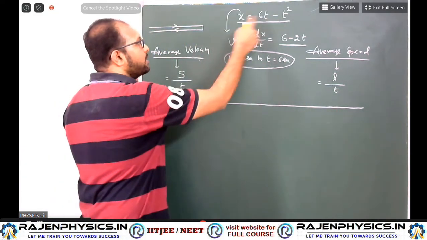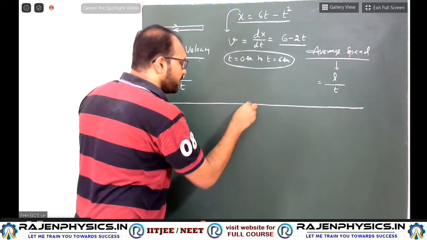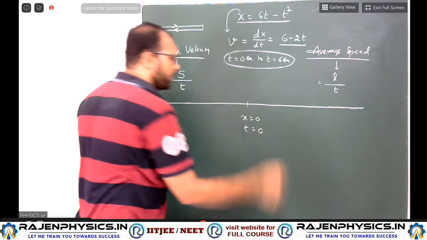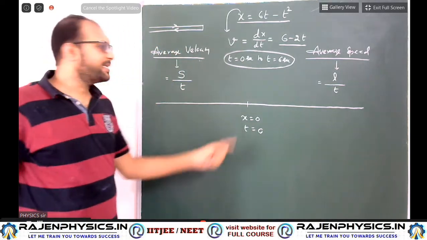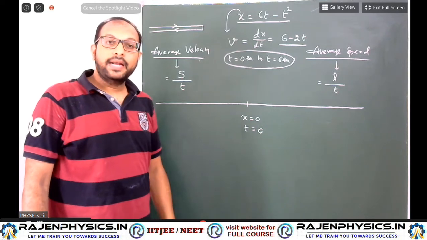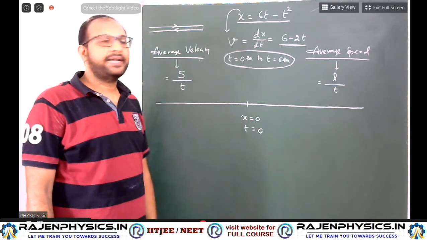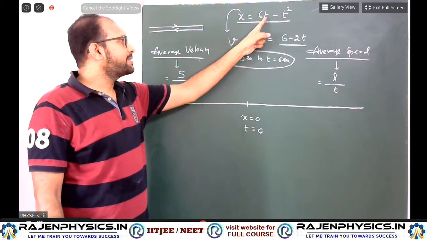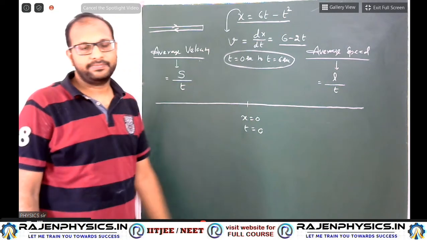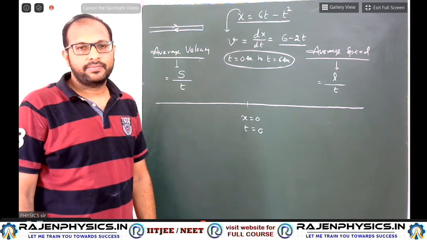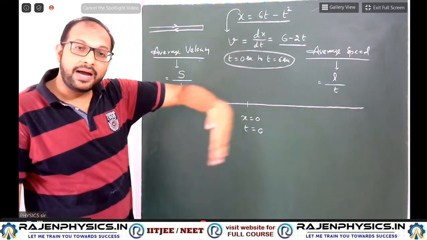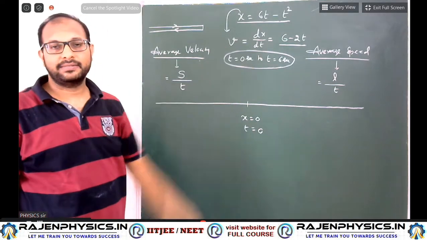At t equal to 0, x equal to 0, which means the particle is here. Now t equal to 1 second, 6 into 1 minus 1, positive side. Now the particle is moving along the positive side first.